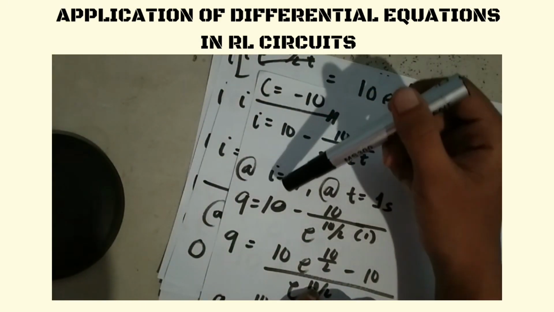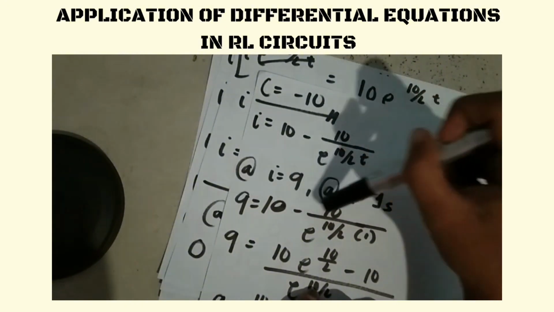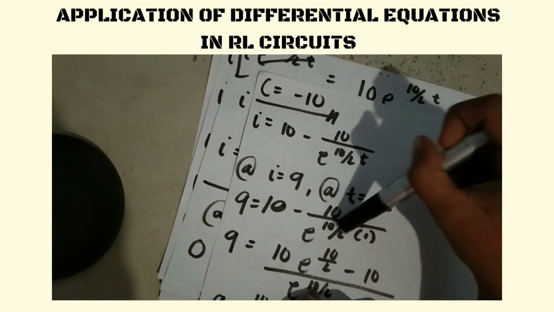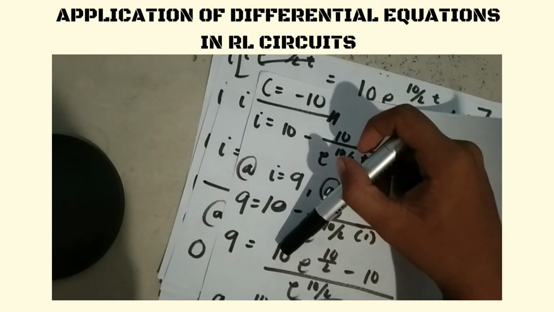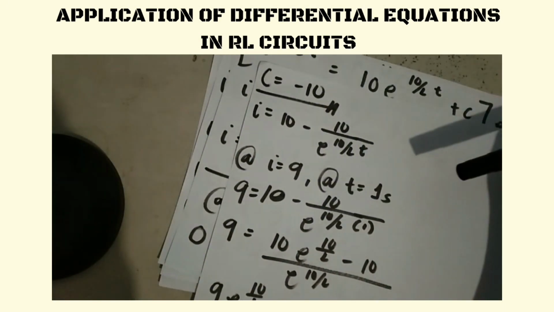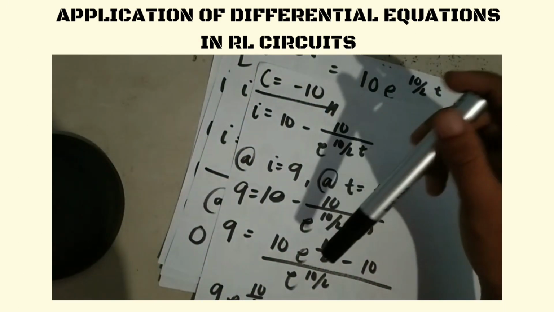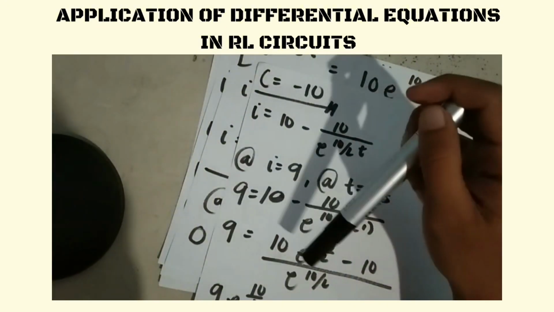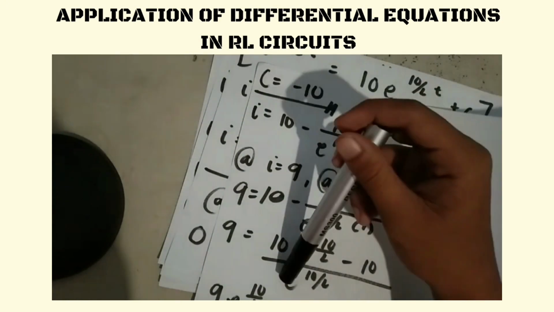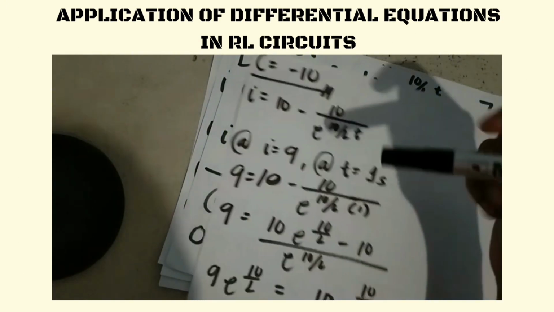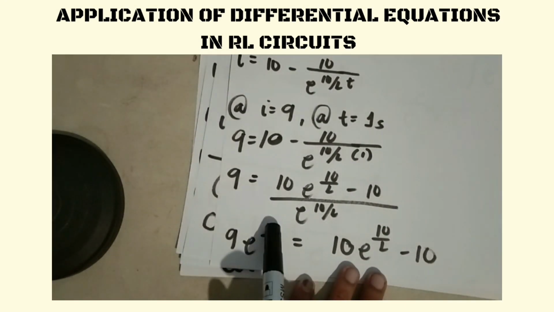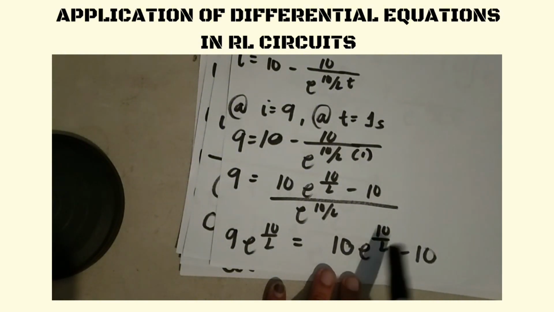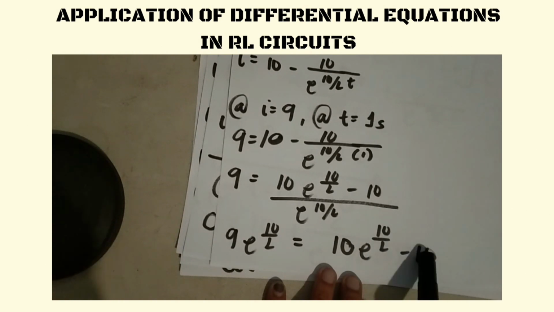So 9 is equal to 10 minus 10 over e raised to 10 over L. 9 e raised to 10 over L is equal to 10 e raised to 10 over L minus 10.